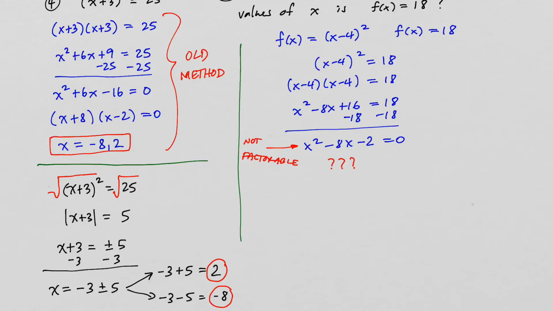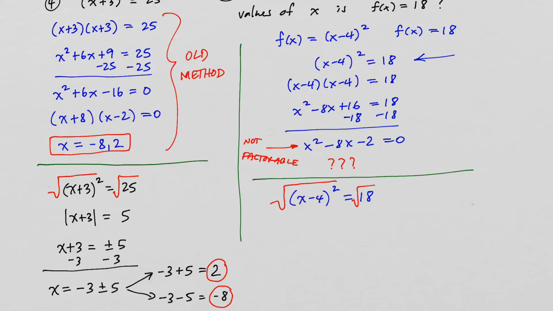So since this doesn't work, what we can do instead is we can take our equation and we can apply the square root property, which says simply take the square root of the left-hand side, square root of the right-hand side.